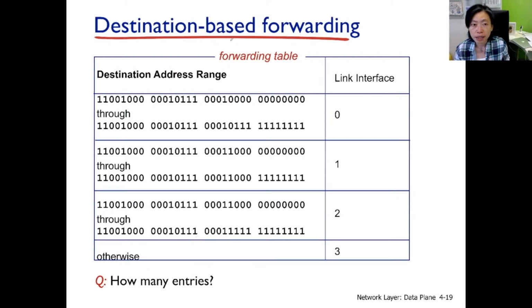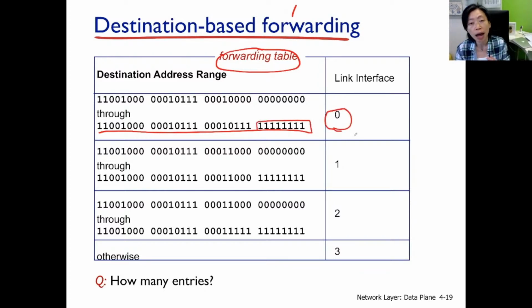Destination-based forwarding. As you heard, forwarding is based on, for each packet coming in, looking at the packet header field and trying to match an entry in the forwarding table. So if the destination address says this, 11001000, matching this entry here, then we take this output port, output link interface.